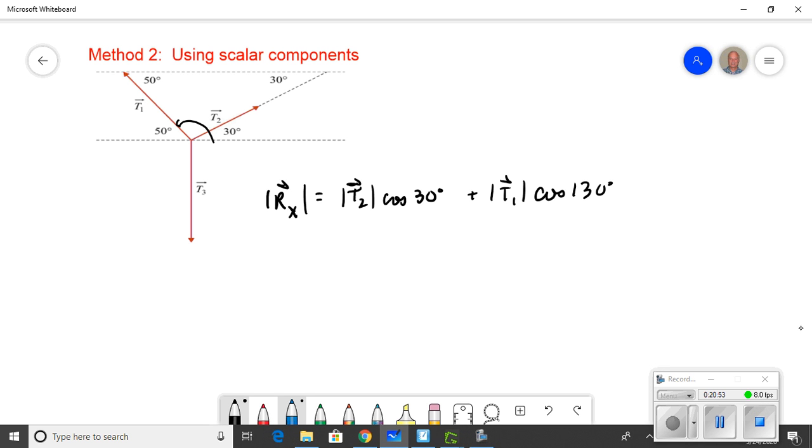That's this angle right here. I don't have to include T3. There's nothing along the x-axis. The T3 is all along the y-axis.